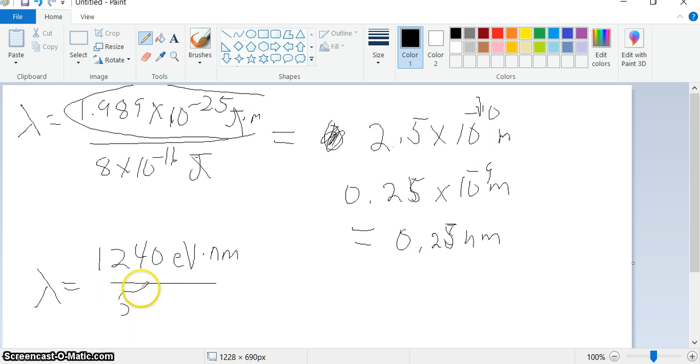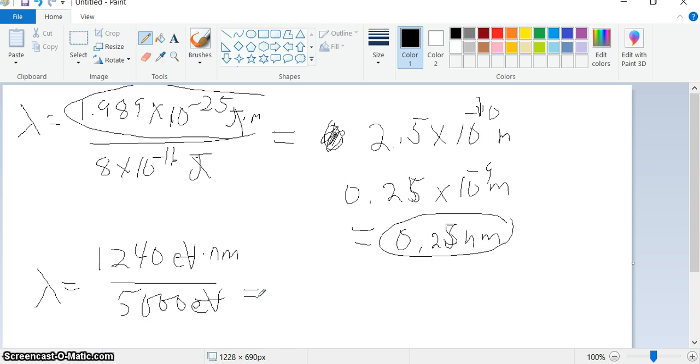Again, you could have done this with part A and part B as well. We're going to ultimately get the same answer that we got by using the other constant, but it's always reassuring to see that you get the same thing.